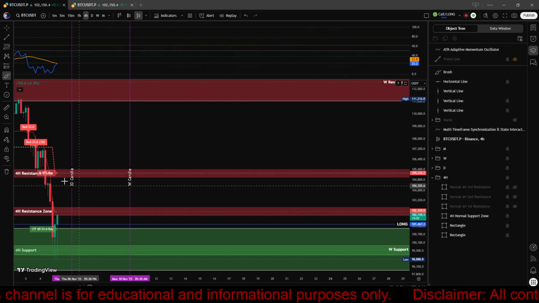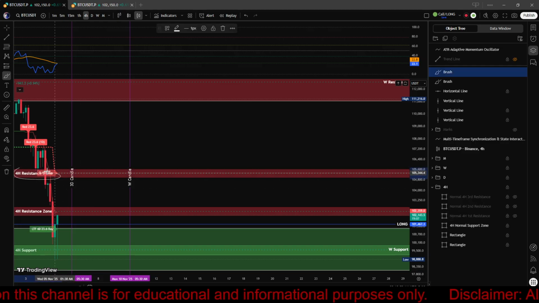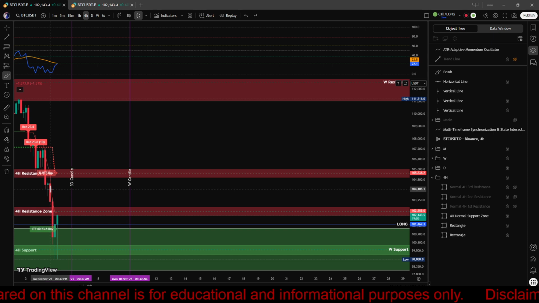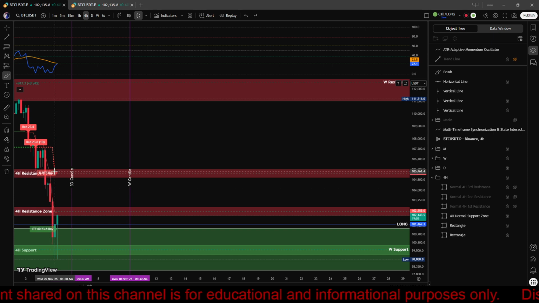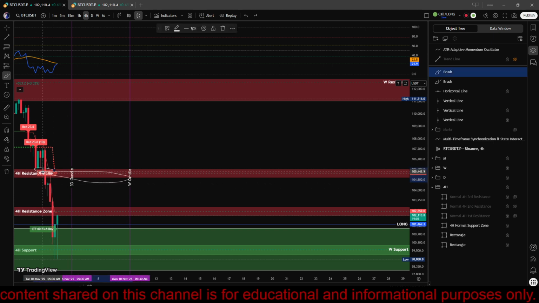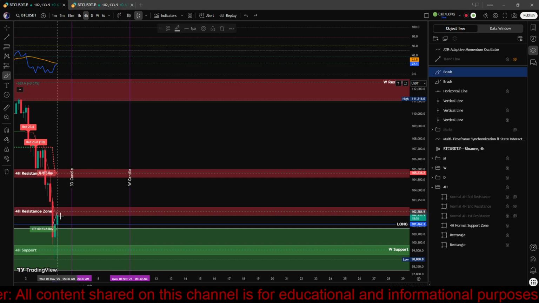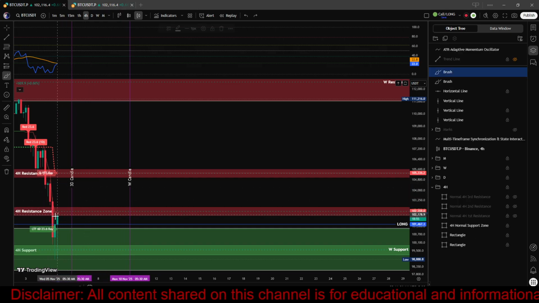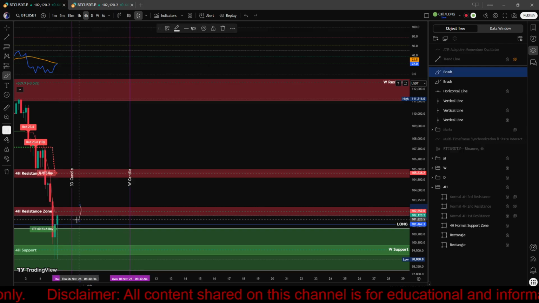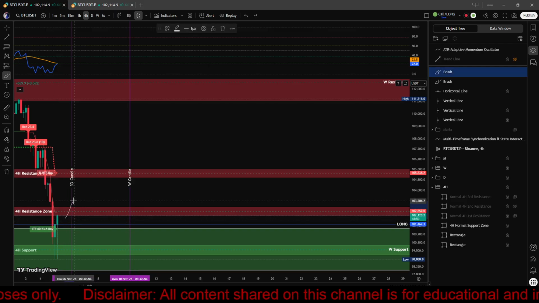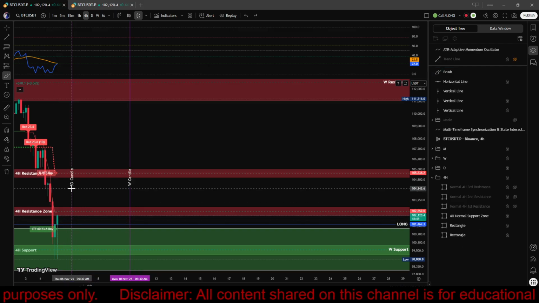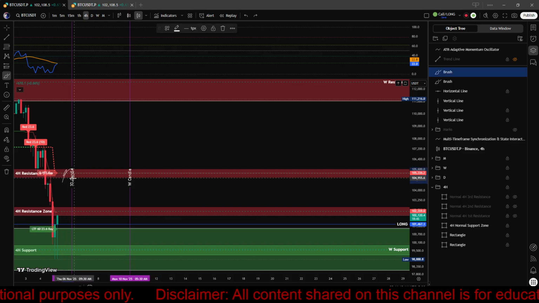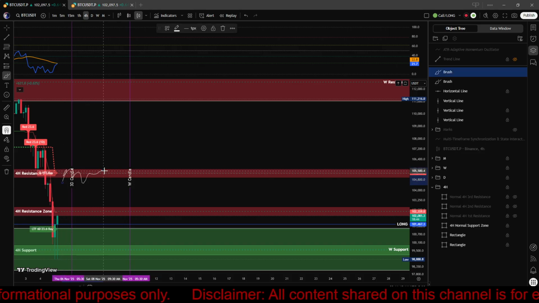we have yet another 4-hour resistance zone. And this is the main resistance, I would say, in this recovery, because first of all we already have this, right? And eventually the price will break through this resistance zone. The main resistance zone we have is this one. This is what I am thinking right now.